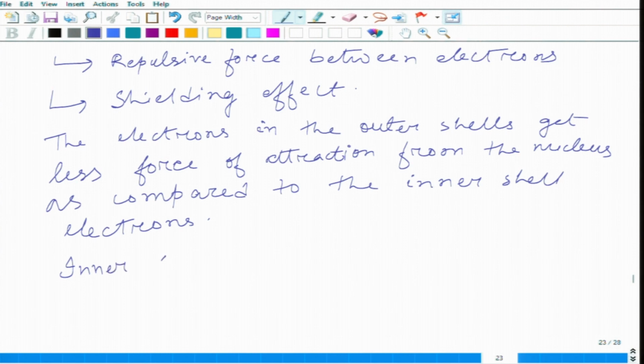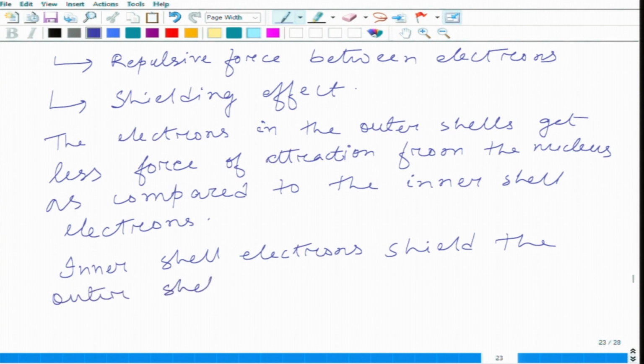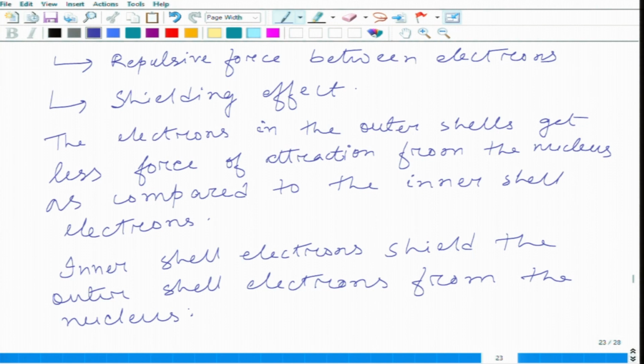So, we can also say that the inner shell electrons shield the outer shell electrons from the nucleus. Okay.